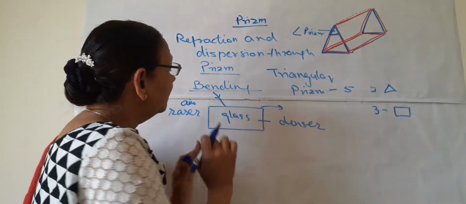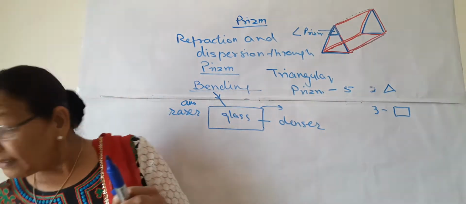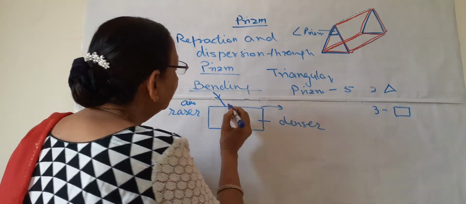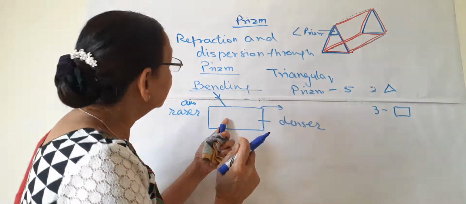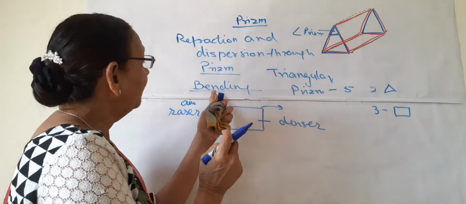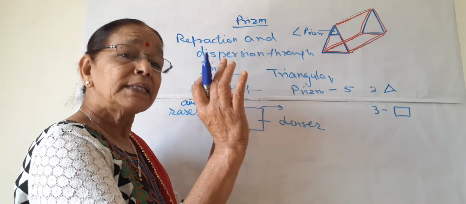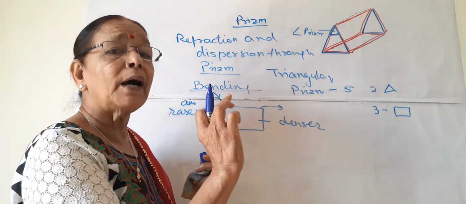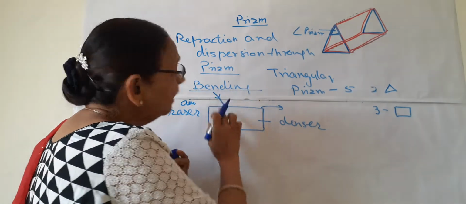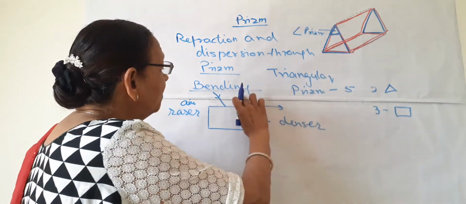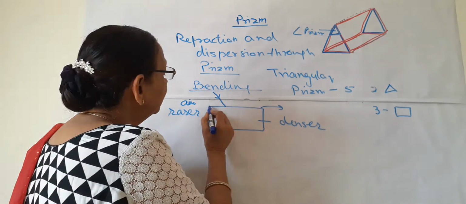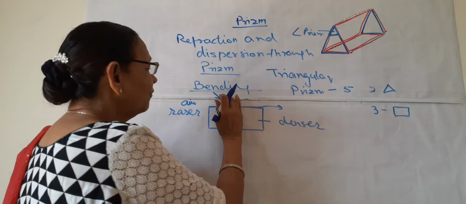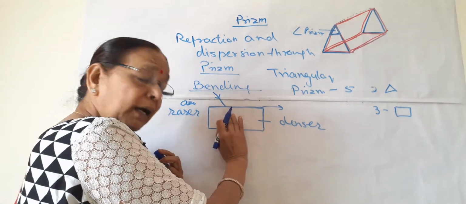So when this ray is incident on a glass slab, what happens? It bends. That is, it refracts. Bending and refraction are one and the same thing. Why does it bend? Because now the two mediums are different. In air, it travels straight, but when the medium changes, at this line, which is the interface of two media, from air it is entering the glass.